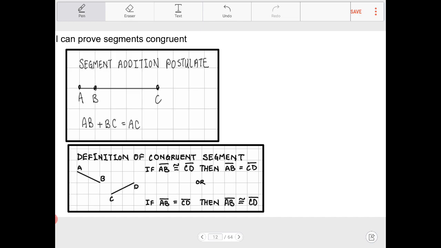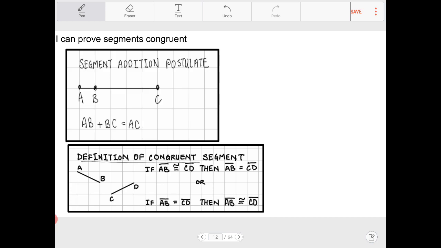In geometry, you're going to hear the use of the word congruence or congruent to. So when two things are congruent to one another, it is described as being exactly the same in every way, identical in every manner. So when two things are congruent, they are not just equal in value, but they're equal in every way.